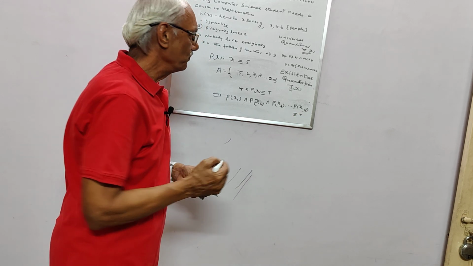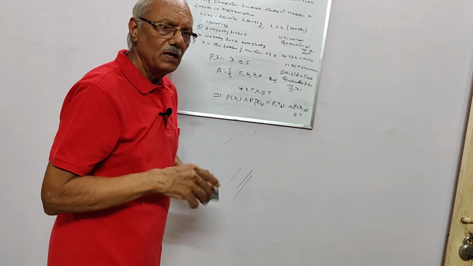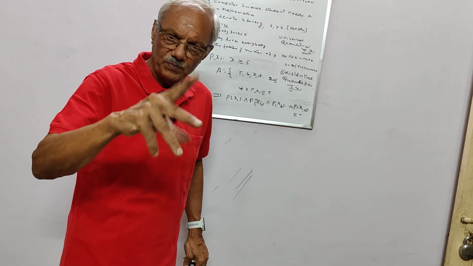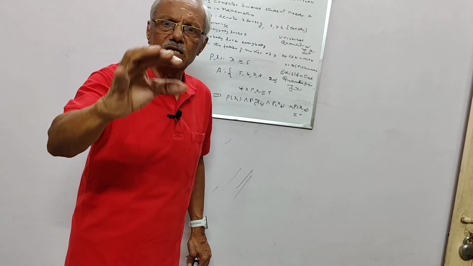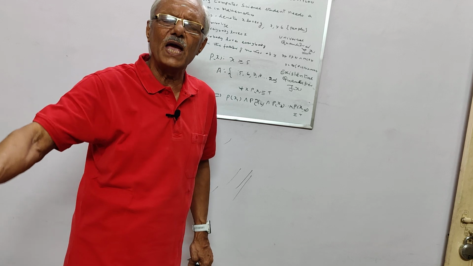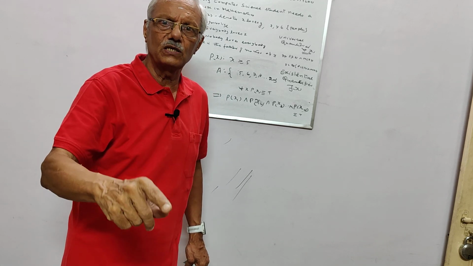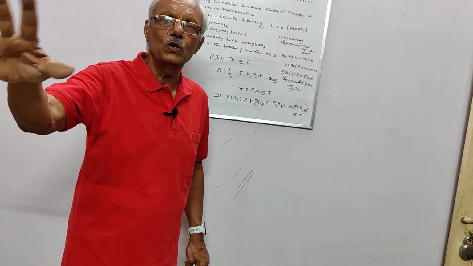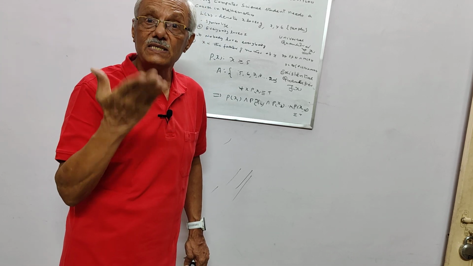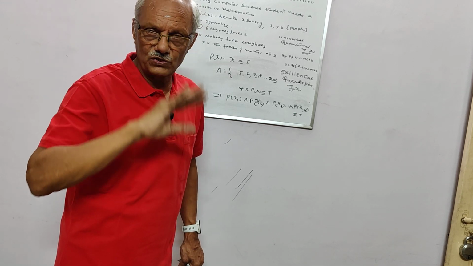Here you must put intersection, conjunction. For p of x1 it is true, for p of x2 it is true, for p of x3 it is true. Up to anything that you take, for every x, p of x1 conjunction p of x2 conjunction up to p of xn must be equal to true. Then only we say that it is universal, that is, true for all x.